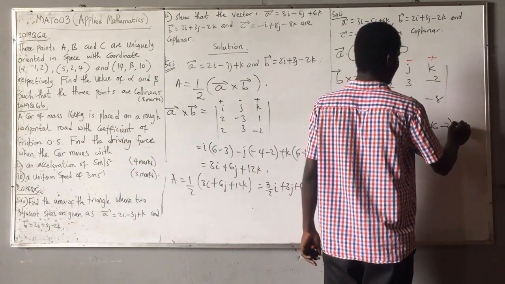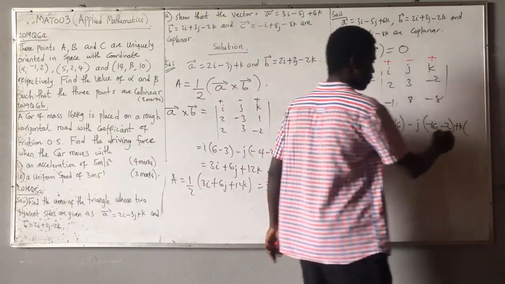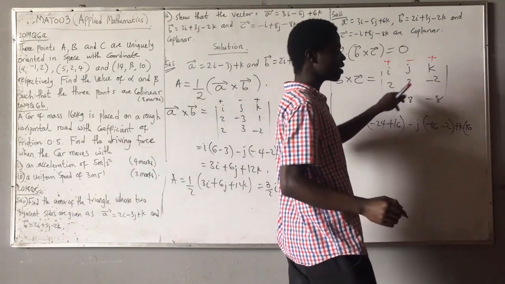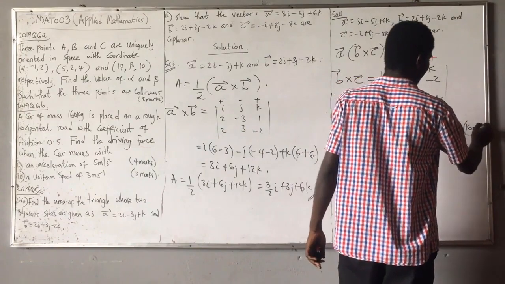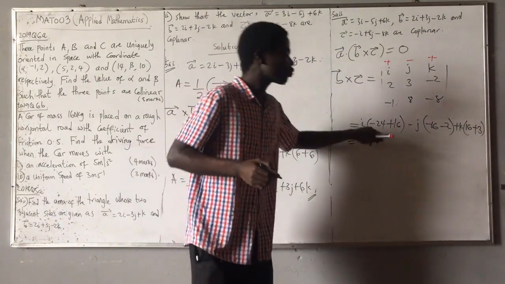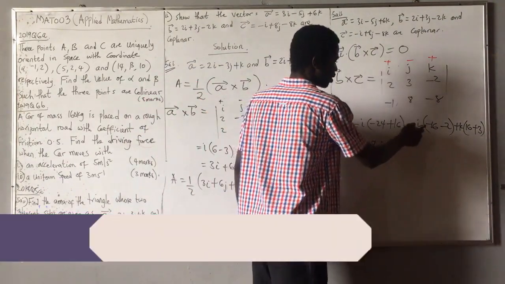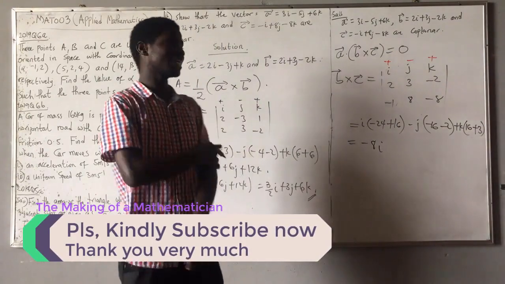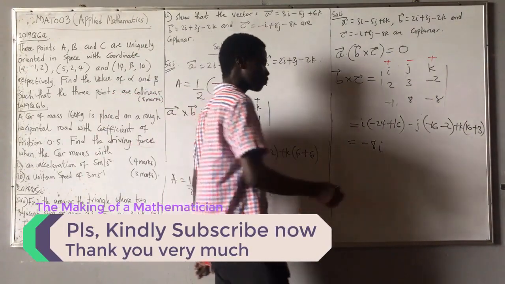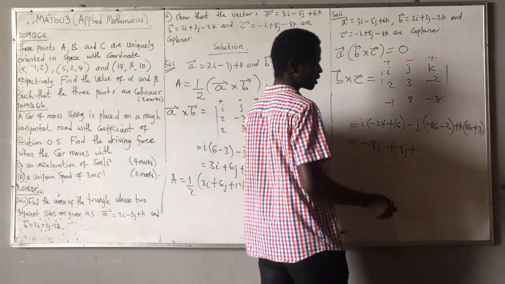So now plus K, 2 times 8, 16. Minus 24 plus 16 is minus 8. This is minus 8I. Minus this one is minus 18. Minus times minus will give me plus. Plus 8J plus 19K.